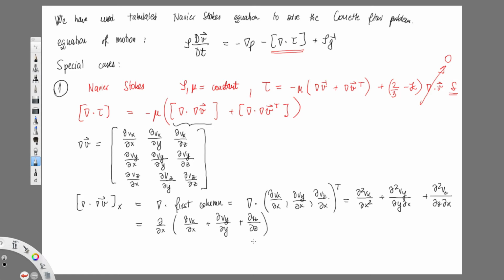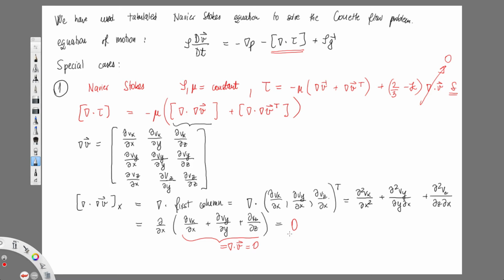And what is that? Divergence of V. So therefore this is 0. If I did this in y and z, I would get the same.